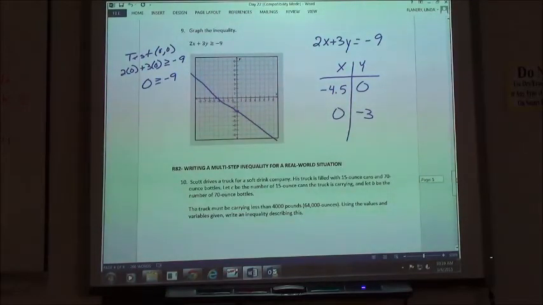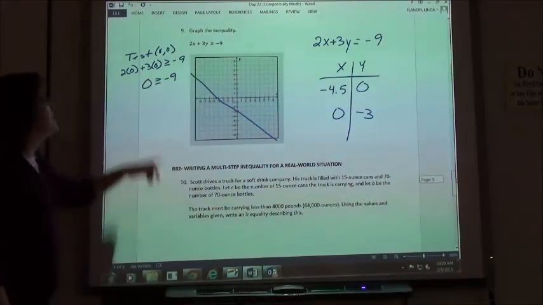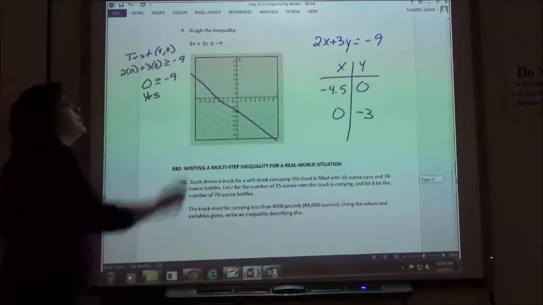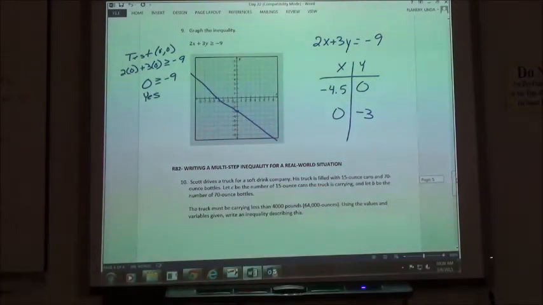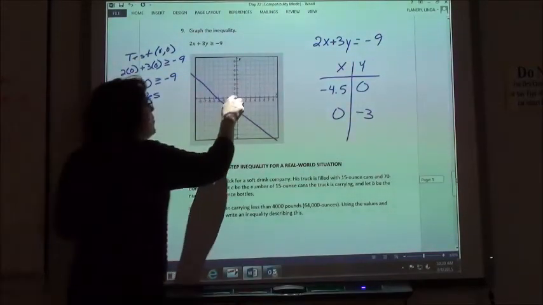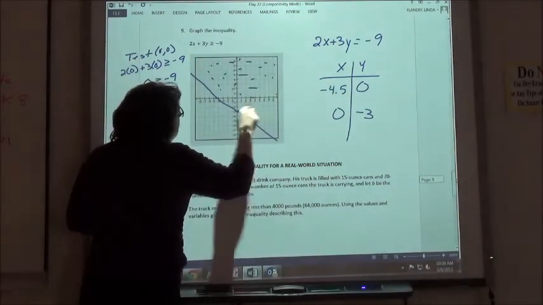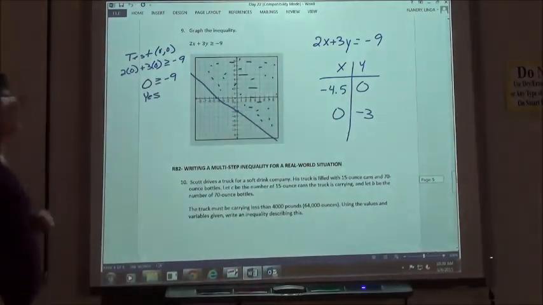Yes, it is. 0 is greater than a negative number, right? The equal to, it's probably never going to be, otherwise you'd be right through 0, 0. But yes, 0 is greater than negative 9. So that's a true statement. So we are going to shade the side with 0, 0, which is this side up here. And so my graph looks something sort of like that.